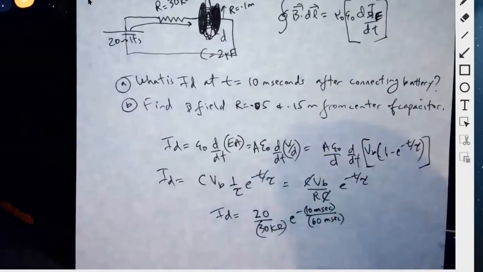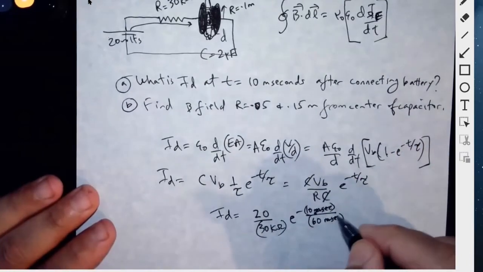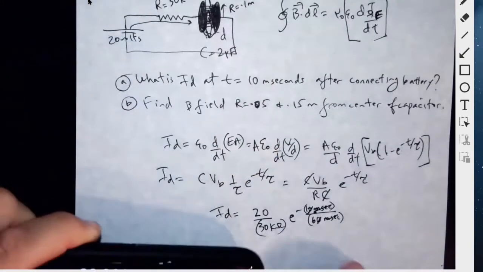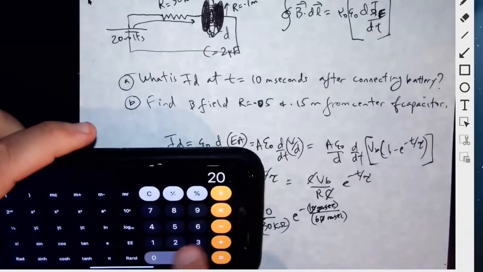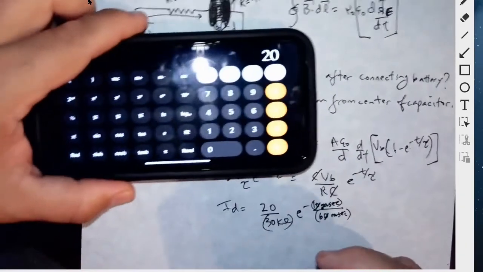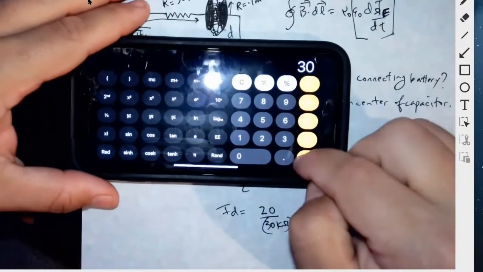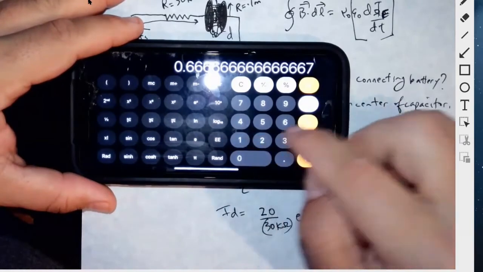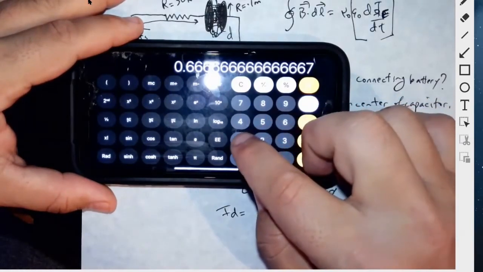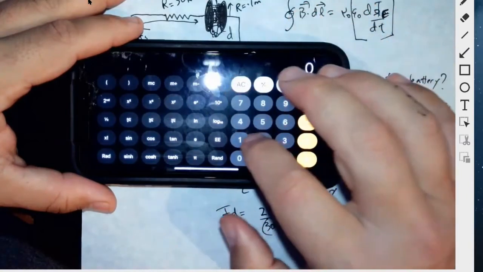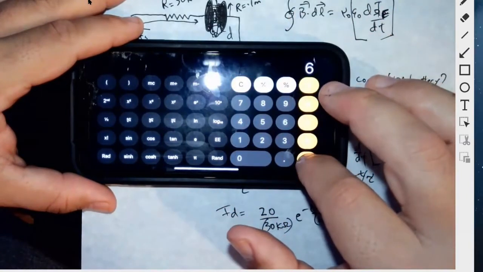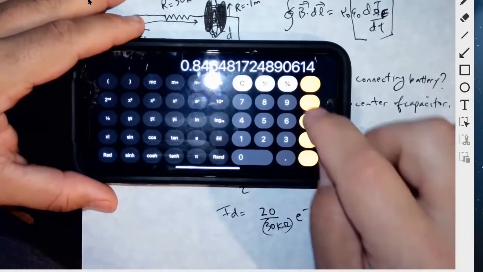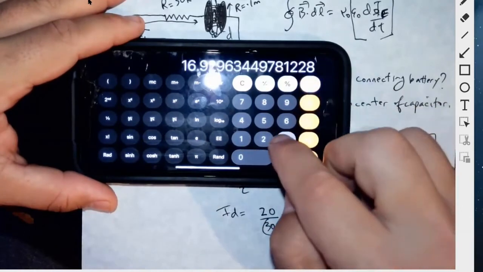So the time constant is 60 milliseconds, and I want to find out the displacement current at 10 milliseconds. So then that's it, really. This cancels this. 0 cancels 0. Okay. So then you just do 20 over 30 times e to the negative, let's start with 1/6. 1 divided by 6 equals negative, then raise e to that power, then 20 over 30.